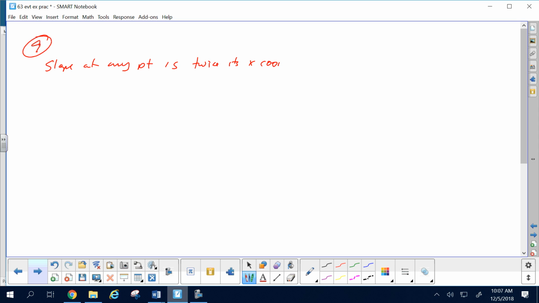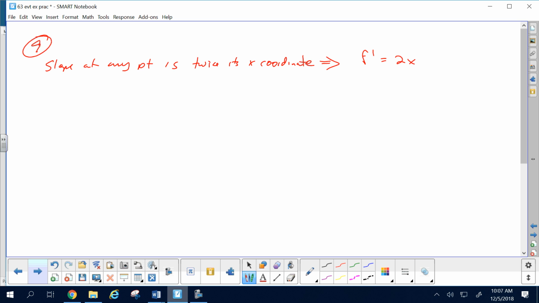Would you put that into calculus symbols for me? Translate. Slope at any point. What gives you that? F prime. F prime is 2x. Okay, the derivative is 2x.